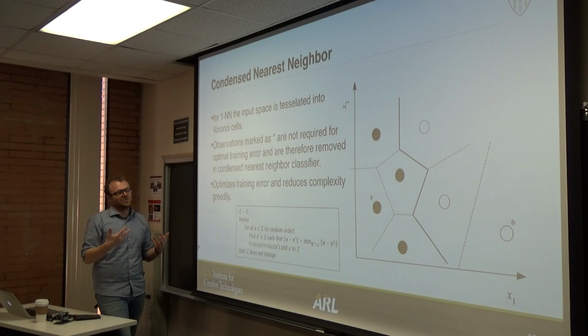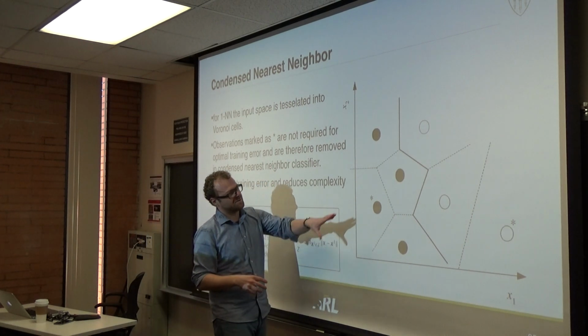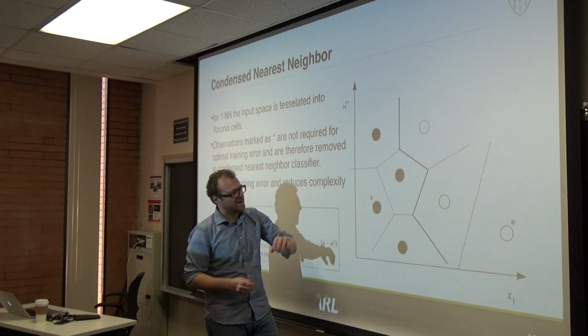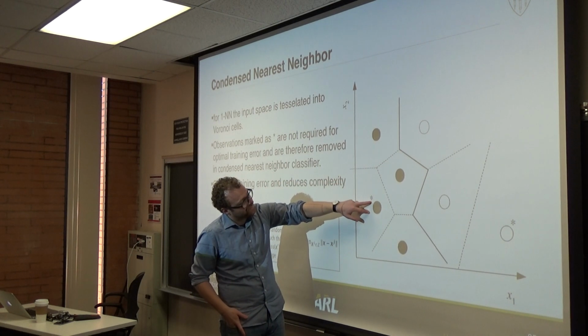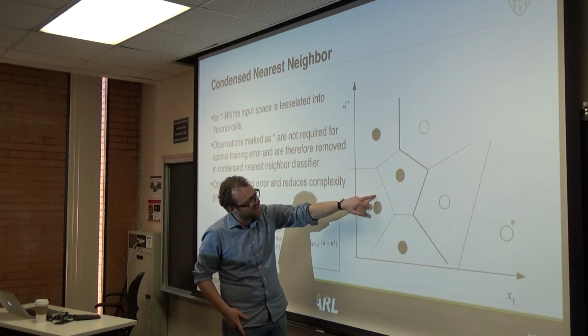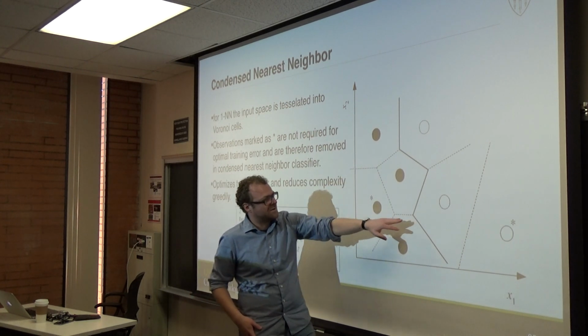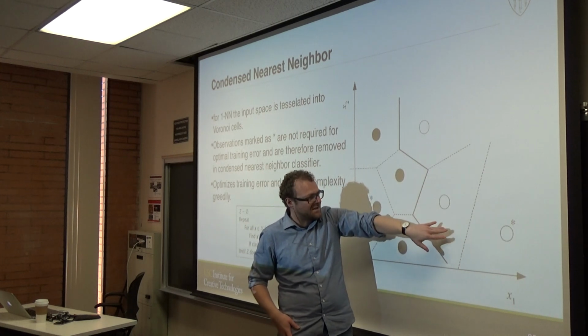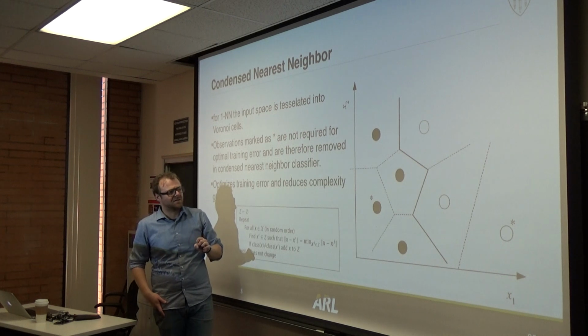You can reduce this if you start to tessellate your data set into these Voronoi cells, where every point that lands in here would always be classified as a black class, versus every data point that falls in here would be classified as a white class.